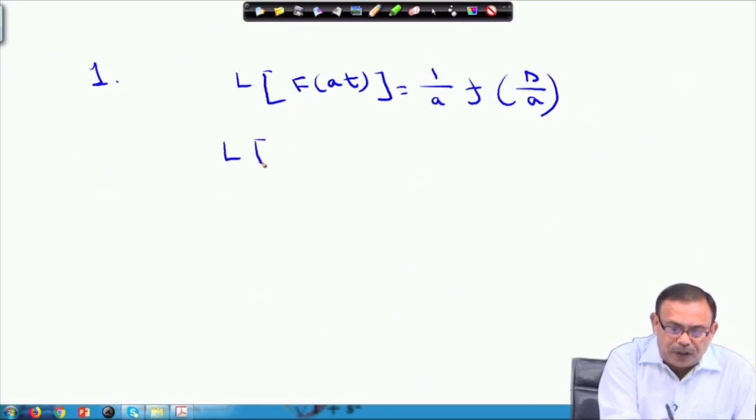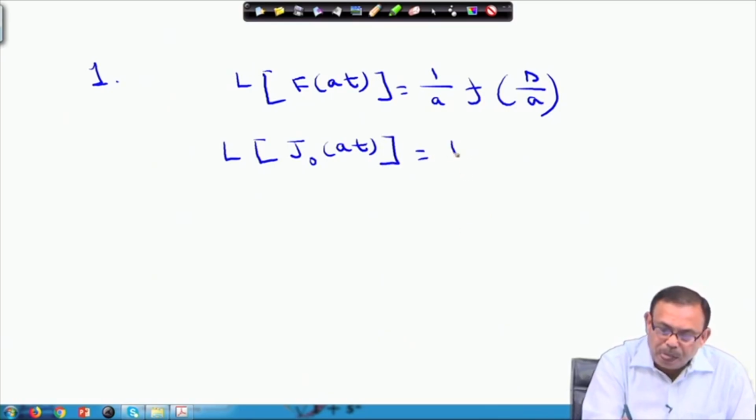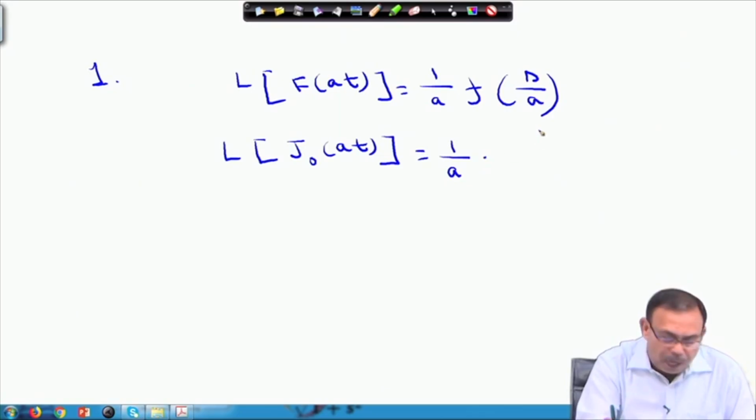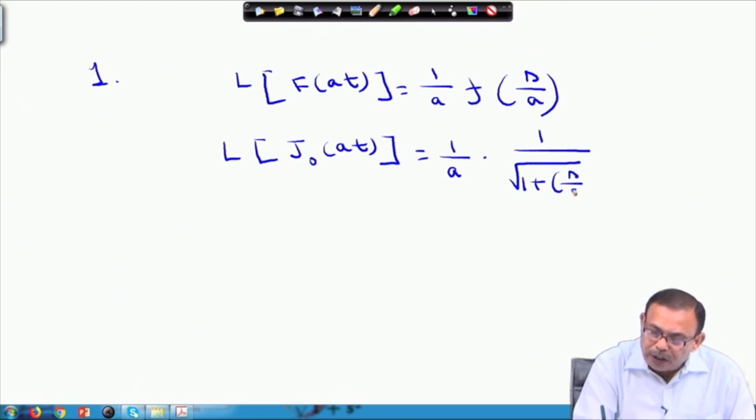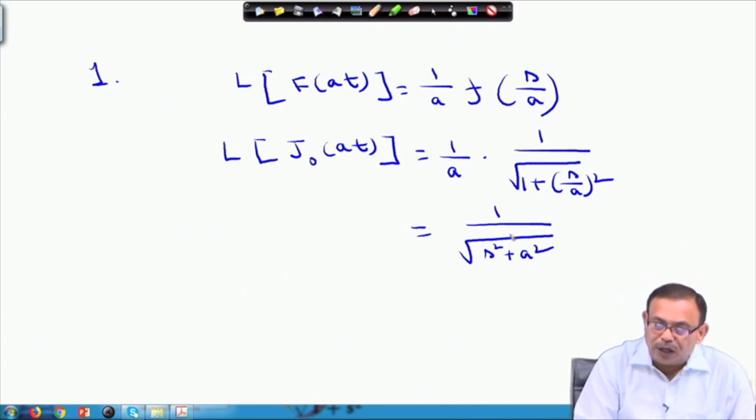So, we know the Laplace transform of J0(t), and from there I can directly write the Laplace transform of J0(at), that is 1 by a into 1 by root over 1 plus (s by a) whole square, and if I simplify it, this will become 1 by root over s square plus a square. Therefore, the Laplace transform of J0(t) is 1 by root over 1 plus s square, and the Laplace transform of J0(at) is 1 by root over s square plus a square.